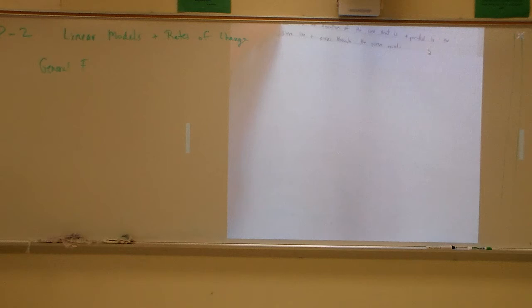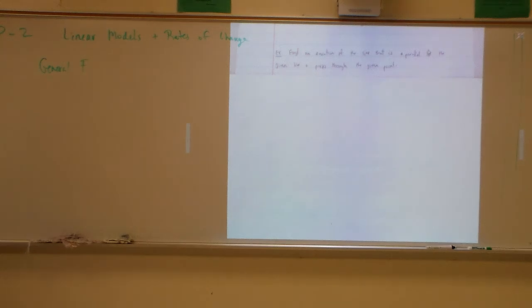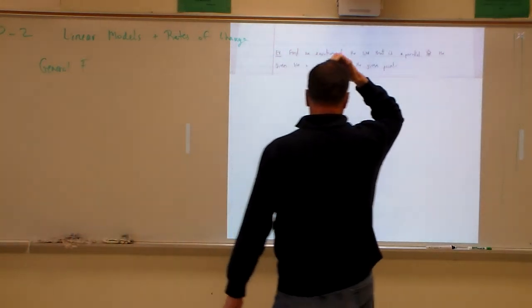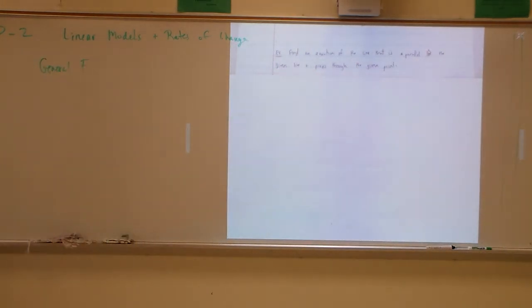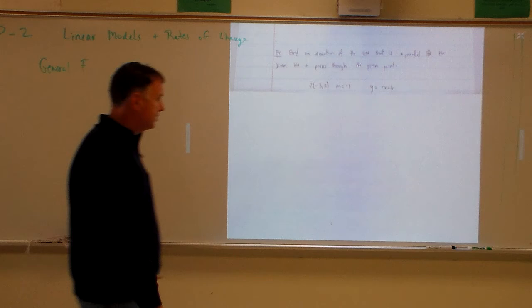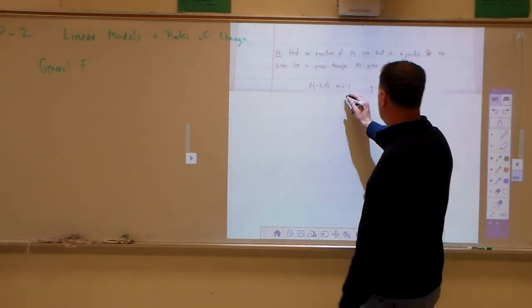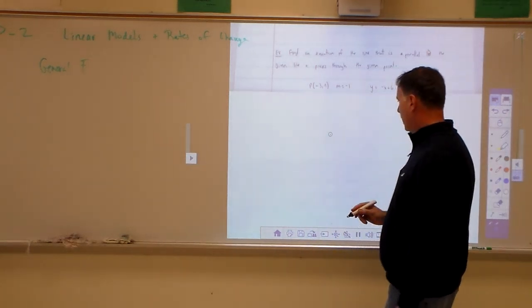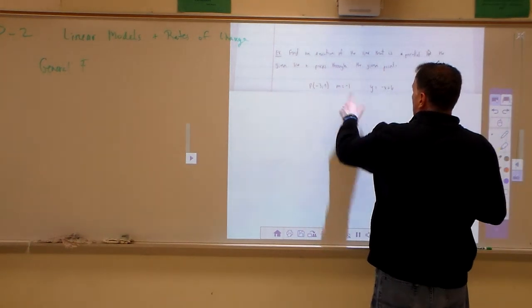Find an equation of the line that is parallel to the given line and passes through the given point. They give us the slope as -1 and the point is -3, 9. If I want it to be parallel, it's got to have the same slope.